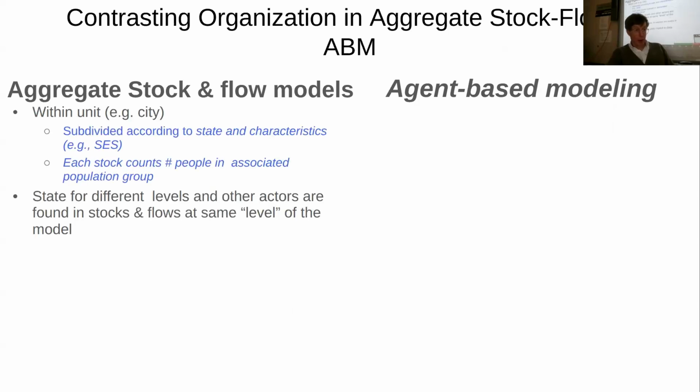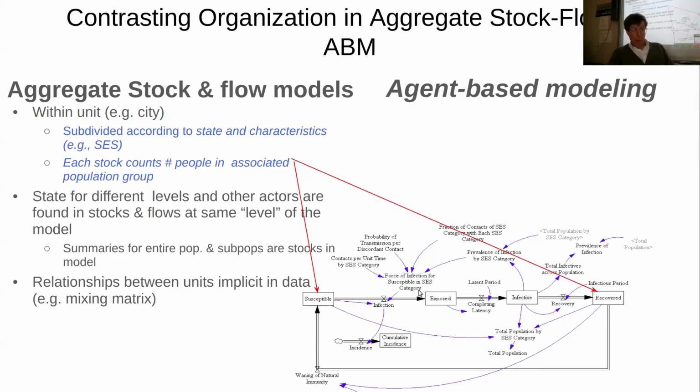I want to reflect on this, particularly for those who are from an aggregate modeling background. With aggregate models, compartmental models, stock and flow models, we characterize a population, we organize our model, as it were, parcel it out into pieces that reflect the states and characteristics of people in that population.